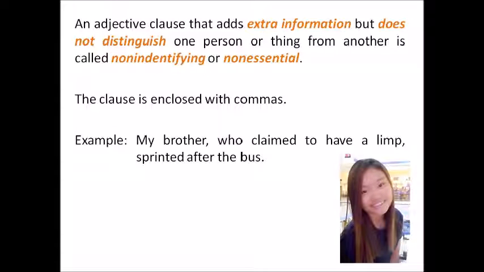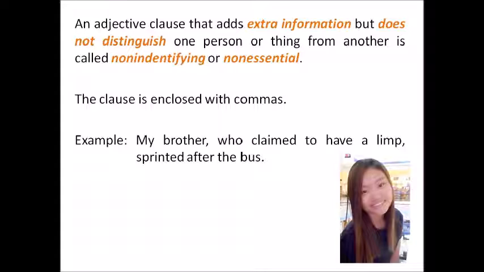An adjective clause that adds extra information but does not distinguish one person or thing from another is called non-identifying or non-essential. The clause is enclosed with commas. For example, my brother, who claimed to have a limp, sprinted after the bus.